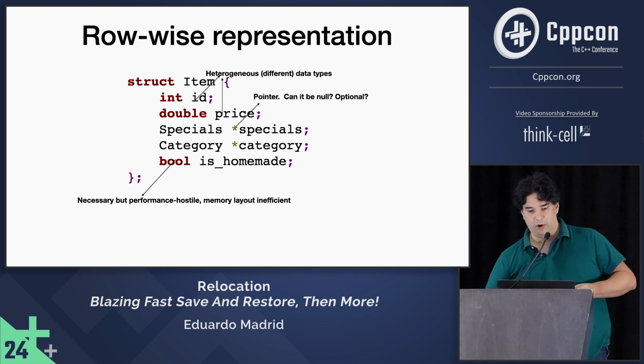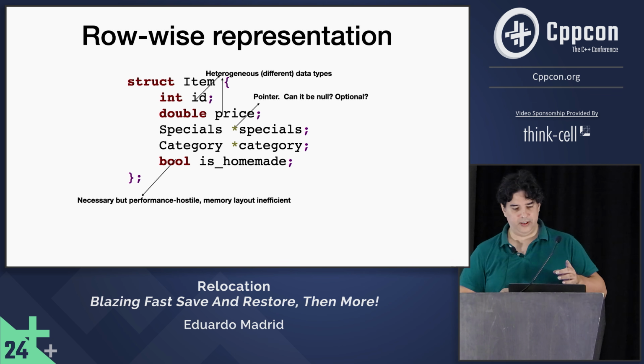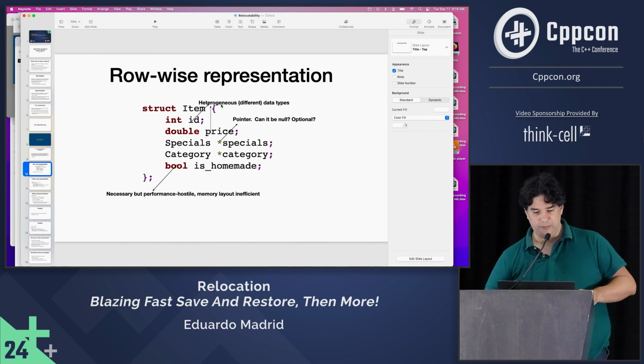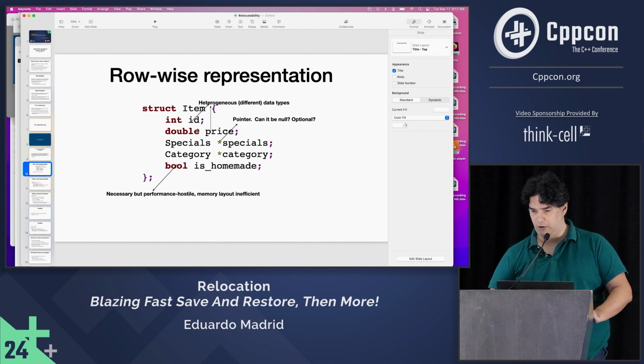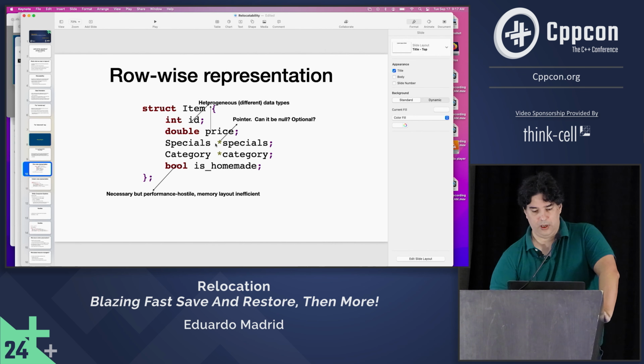So I hope that you are able to see that there are some arrows that indicate properties of interest. In this particular case, the ID and the price are contiguous in the data layout of the type, but they have dissimilar, very different heterogeneous data types.